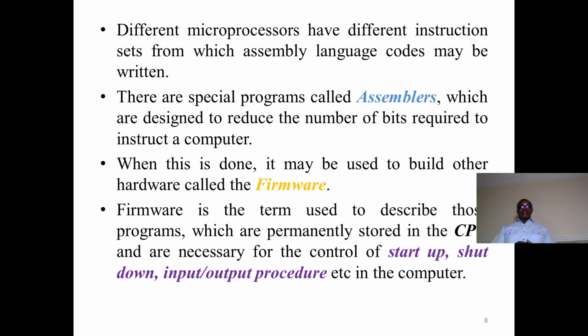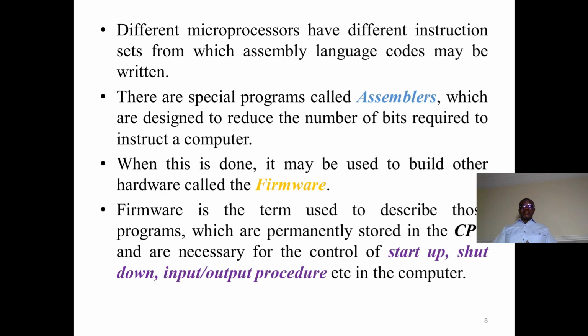There are special programs called assemblers, which are designed to reduce the number of the bits required to instruct a computer. In other words, the assemblers help the system to reduce the number of instruction sets that a computer can use to carry out any instruction. When this is done, it may be used to build other hardware called the firmware.